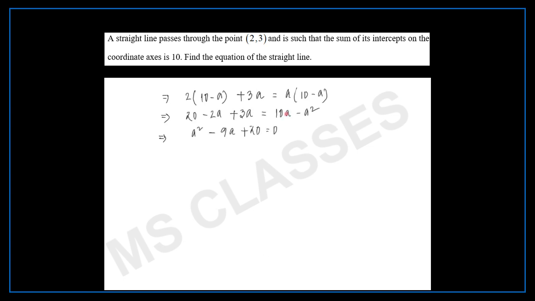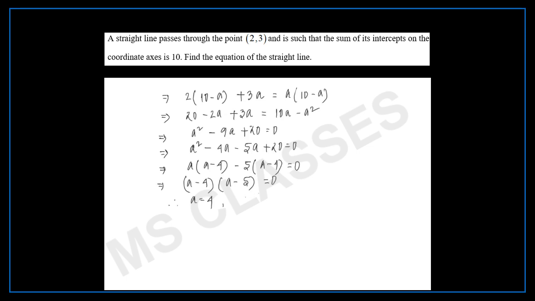Factorizing: a squared minus 4a minus 5a plus 20 equal to 0, so (a minus 4)(a minus 5) equal to 0. Therefore a is 4 or a is 5.